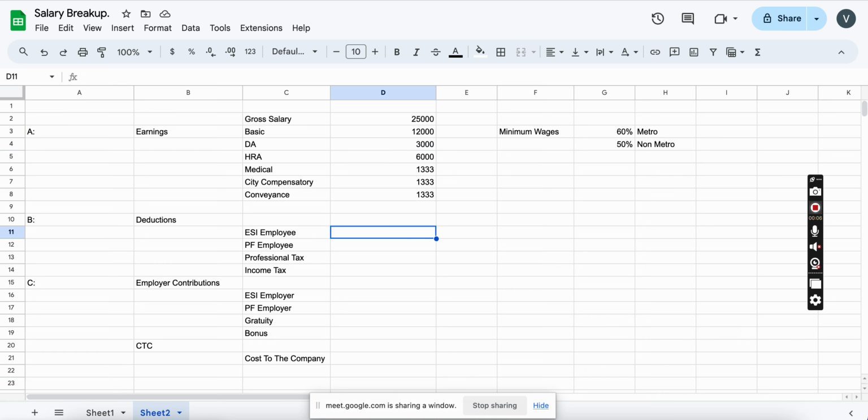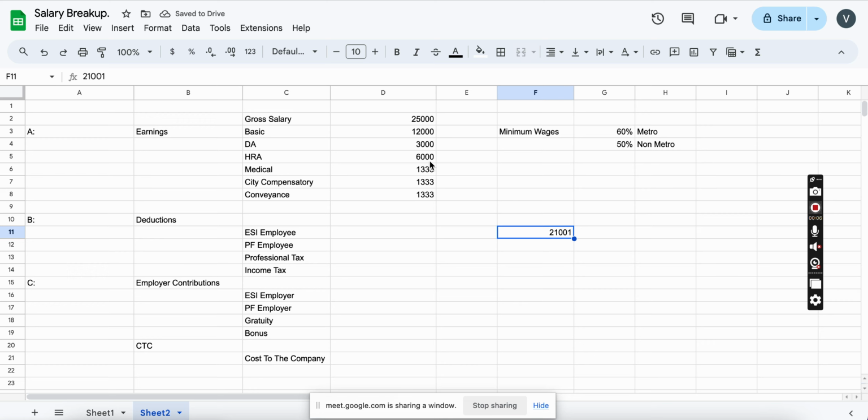Now coming next, you can have ESI employee, you know that. But before we start calculating, I will give you some information about ESI. So ESI is a state subject, not a central government subject. It's a state government subject, and ESI is applicable only for the employee whose gross salary is less than 21,001.